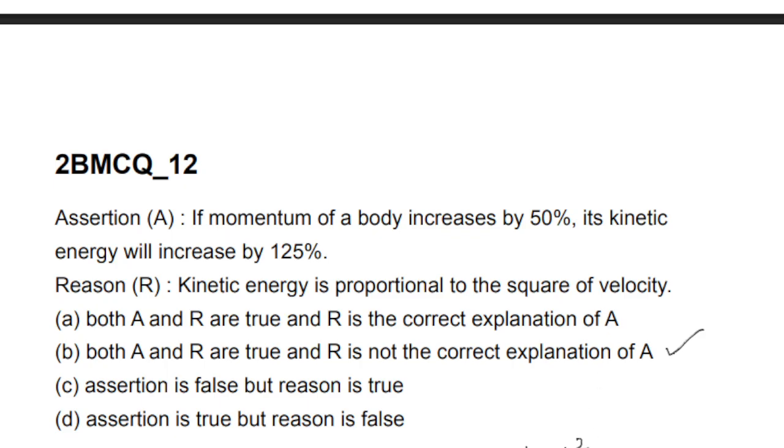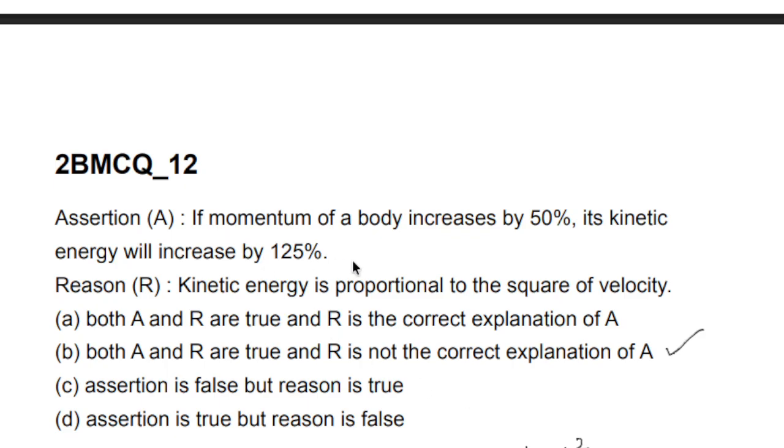When I was saying 50%, it should come to our mind as 1.5. And if we are getting 2.25, kinetic energy has increased 2.25 times. What does that mean? It means 2.25 minus 1, that is 1.25 increase, or 125% increase. So we just need to understand how fractions and percentages are taken care of.